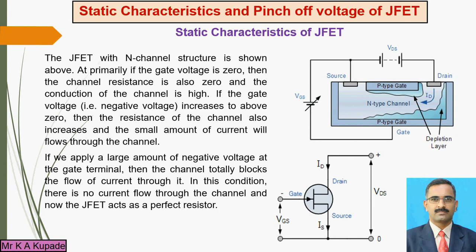When these two depletion regions meet each other, there is no current flowing through the channel, because those regions are blocking the flow of current. That means at that position there is a high resistance, and when this happens, there is no current.